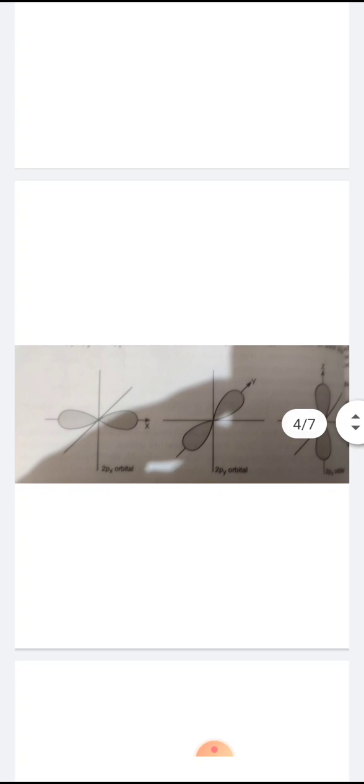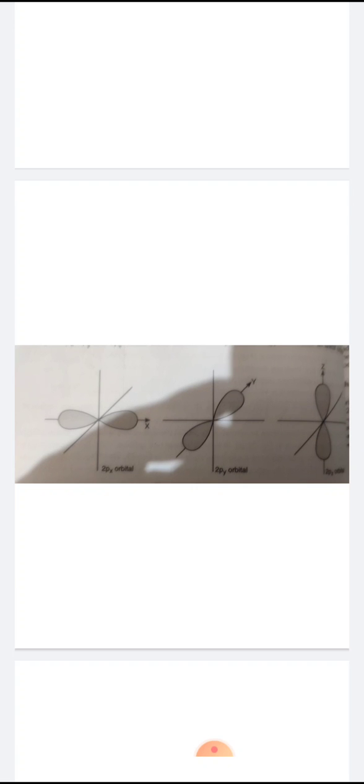That is, the 2px orbital has 2 lobes symmetrical around the x-axis, the 2py orbital has 2 lobes symmetrical around the y-axis, while the lobes of the 2pz orbital are symmetrical around the z-axis. The shape of the orbital is dumbbell.